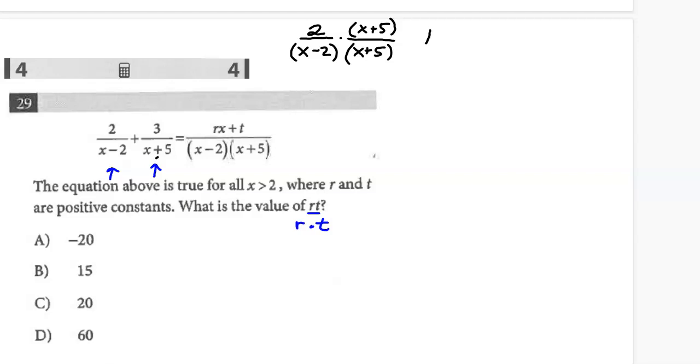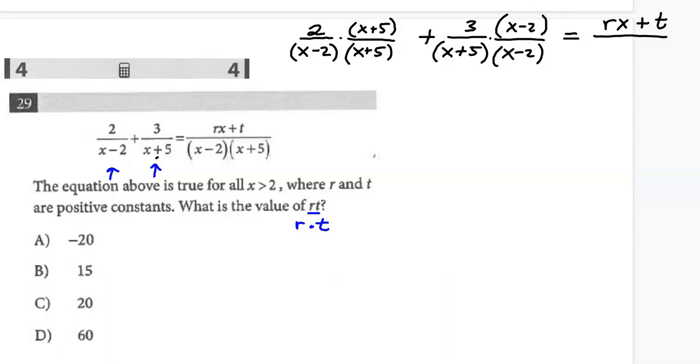And then I'm going to add, and over here we have 3 over x plus 5, and I need to multiply that side by the x minus 2 piece over itself, which again is 1, so I'm not hurting anybody. And that's supposed to come out to be some number times x plus some other number, which hopefully we'll find, all over x minus 2 times x plus 5, which is perfect.